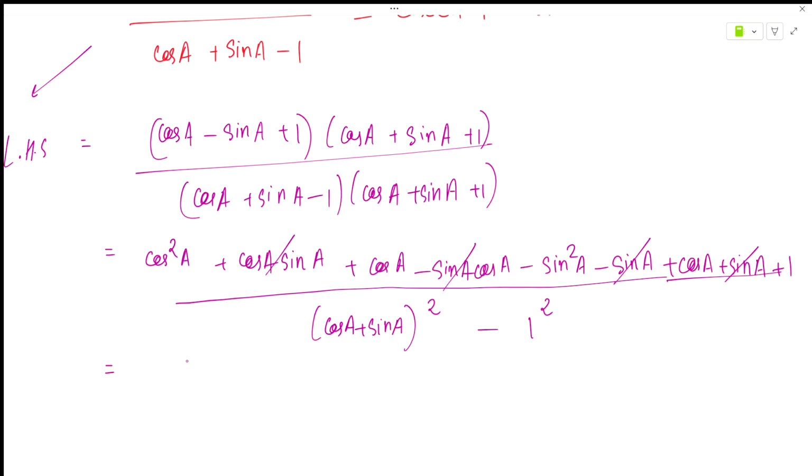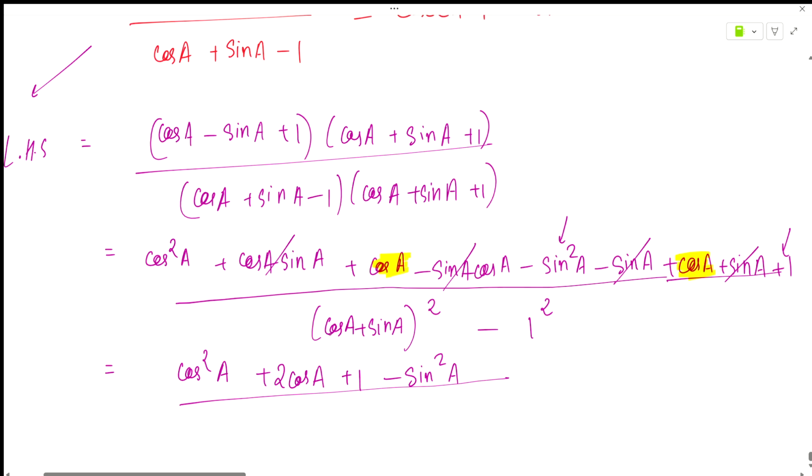Cos square A will remain as it is. This cos A over here and this cos A over here will give me 2 cos A. So plus 2 cos A, right? Then we are left with this sine square A and this 1 over here. So I'll write 1 and then minus sine square A.